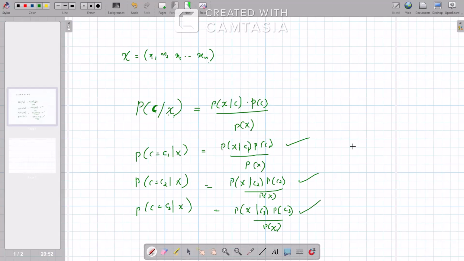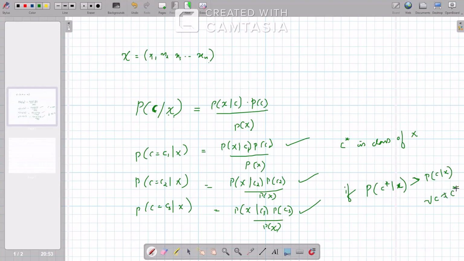Okay. So how can we choose this? In a mathematical form, how can I write this? C star is the class of X if probability of C star given X is greater than probability of C given X for all C not equal to C star.